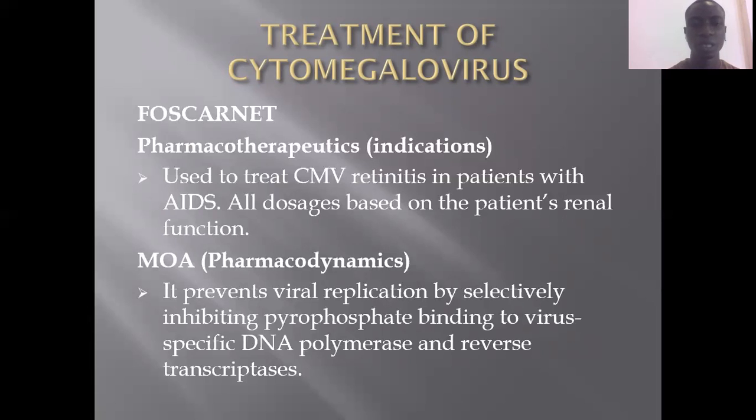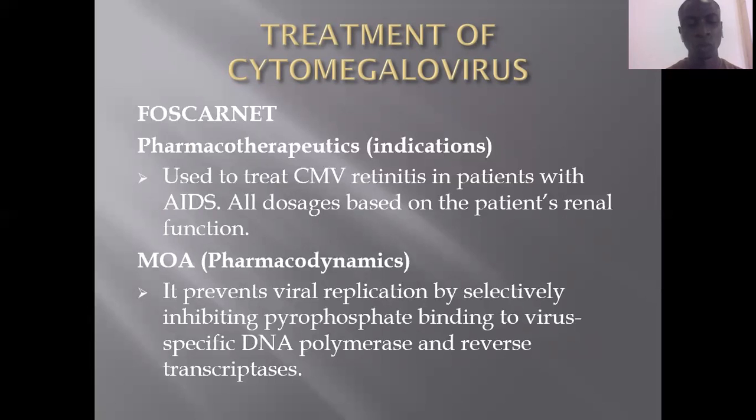When a patient has HIV and AIDS and they have inflammation of the retina, you can give this drug, foscarnet, with dose based on the patient's renal function. If renal function is functioning well, you can give this drug. You determine the dose depending on the function of the renal system.